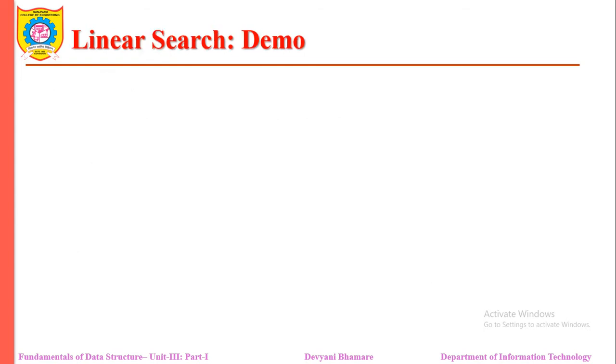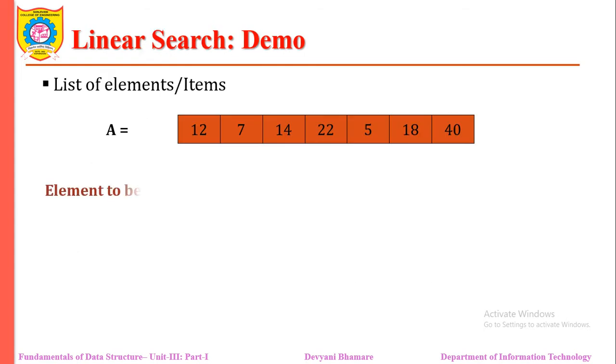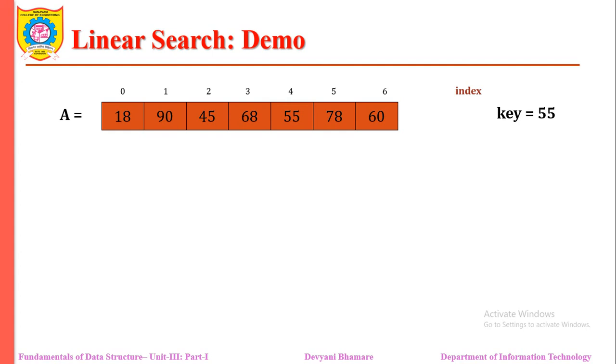Let me see one example. Assume we have the list of elements 12, 7, 14, 22, 5, 18 and 40, and we need to search for the element 5. Initially the counter I is pointing to 0. We compare: is A of 0 the key?